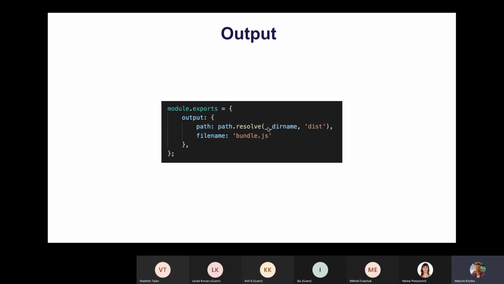Also, we can form a dynamic name using substitutions, which can consist of hash, content hash of compilation, ID or name, to give each bundle a unique name. It usually helps to avoid issues with cached JavaScript in browsers after releasing a new version of application. Okay.